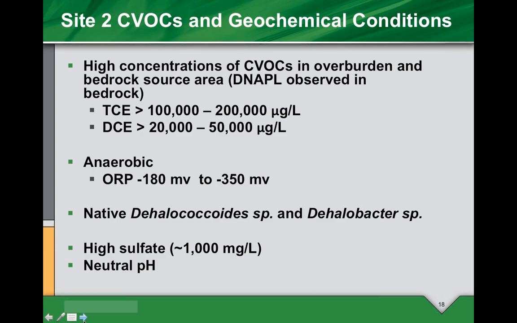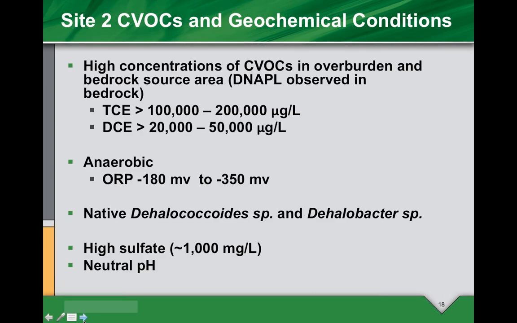As observed at the first site, this is a naturally anaerobic bedrock system with negative ORP and indications of natural reductive dehalogenation occurring, including native dihaloeliminators and the presence of low concentrations of ethene and ethane prior to the bioremediation injections.